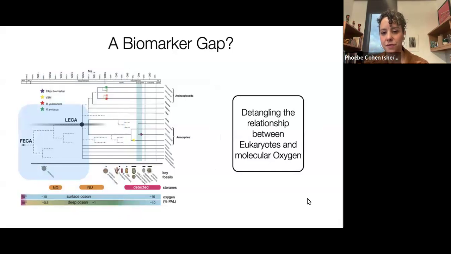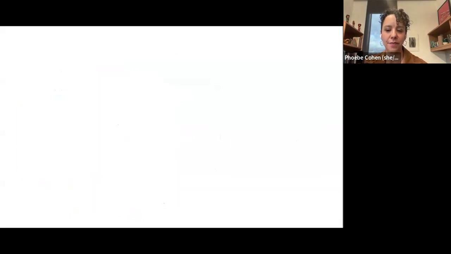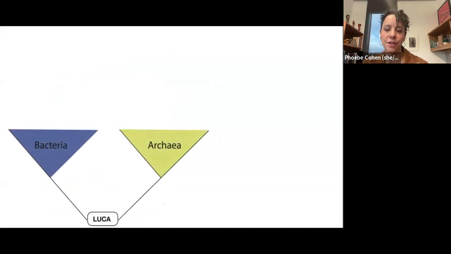To do this, we have to take a little side step into understanding the relationship between eukaryotes and molecular oxygen. So here's my little cartoon of how we think eukaryotic evolution happened. We have the last universal common ancestor of all living things, which diverges into bacteria and archaea at some point.